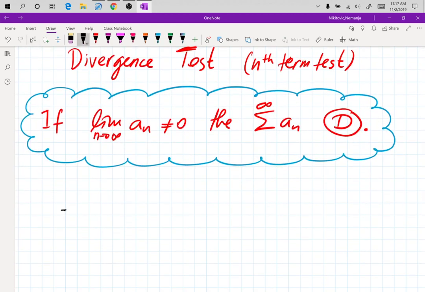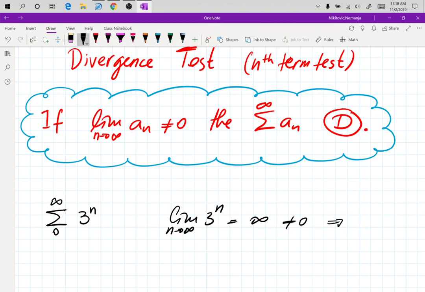Example, summation of 3 to the n from 0 to infinity. Well, the limit of 3 to the n as n goes to infinity is infinity, which is different than 0, which means the summation of 3 to the n diverges by the divergence test.